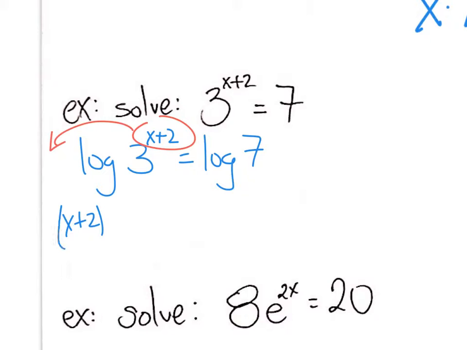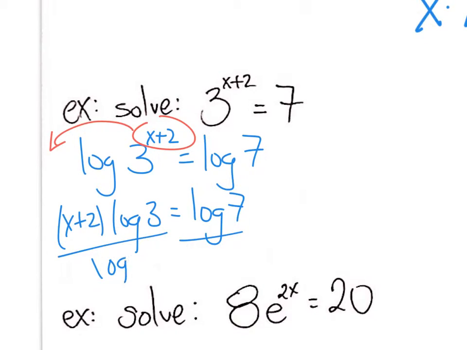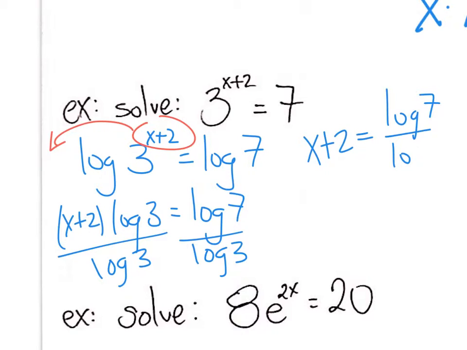So x plus 2 times log of 3 equals log of 7. I'm going to divide both sides by log of 3. So we get x plus 2 equals log of 7 over log of 3.